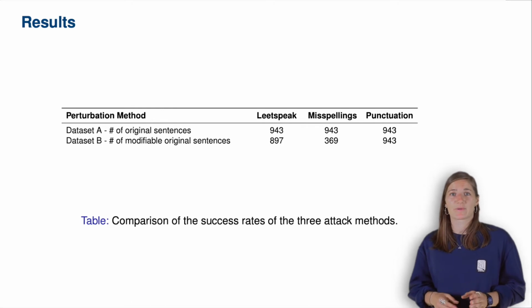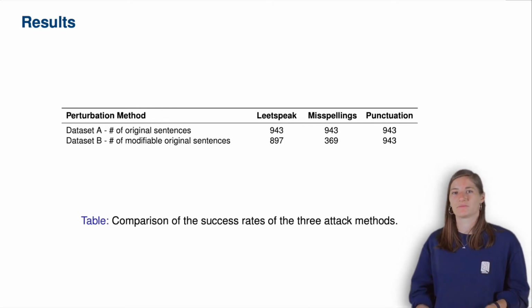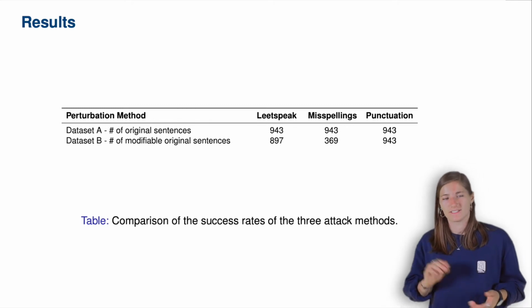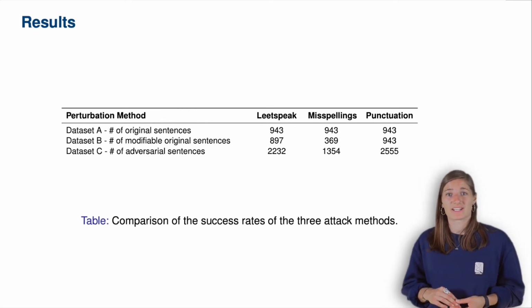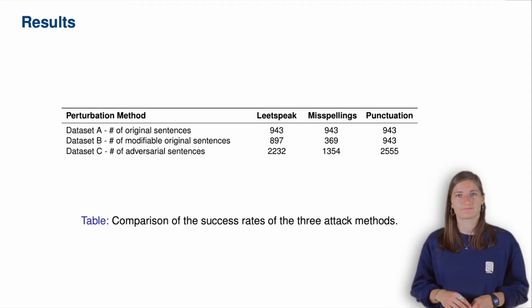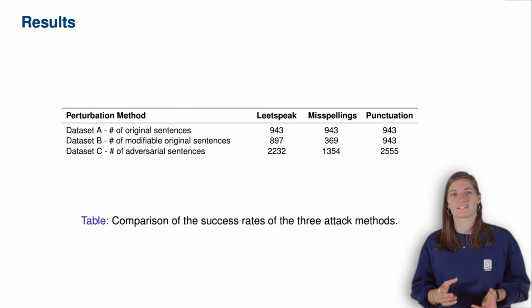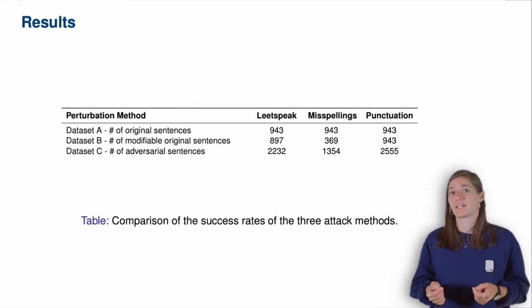In the next step, we created all possible potential adversarial examples from dataset B, which we call dataset C. Remember that a sentence can have more than one important word. Finally, we used the BERT model to predict the aspect and sentiment of all elements from dataset C and compare the predictions to the original one.